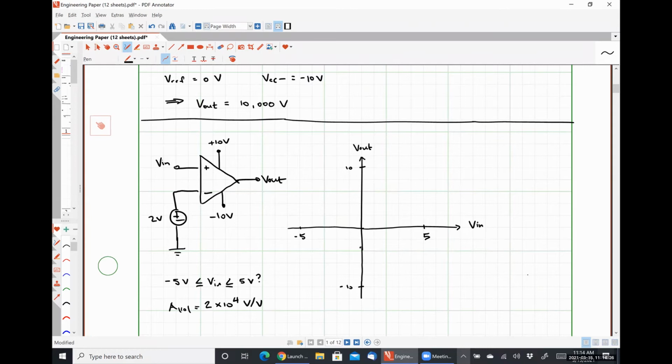So our gain is 20,000, and VD in this case would be 0 minus 2, right? So we'd have 20,000 times -2, which is -40,000. Is -40,000 between our power supply voltages? No. So what should we expect our output voltage to be? -10.